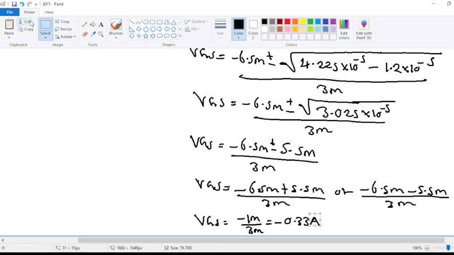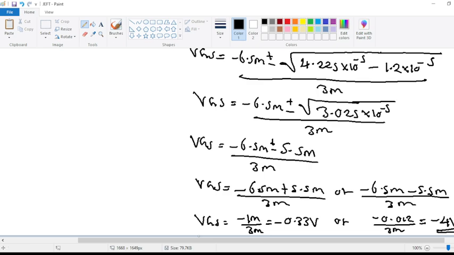Now if we perform the calculation from the other side, negative 6.5 milli minus 5.5 milli, we are going to have negative 0.012. You divide it by 3 milli, and the answer becomes negative 4 volts.